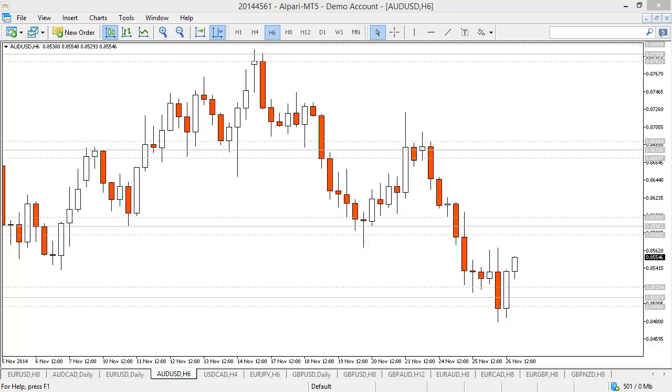How long do I spend studying the chart before I make a trade? I'm not sure what you mean by that. Do you mean how much analysis do I do each day? I don't do much analysis, I don't know, 30, 40 minutes per day.